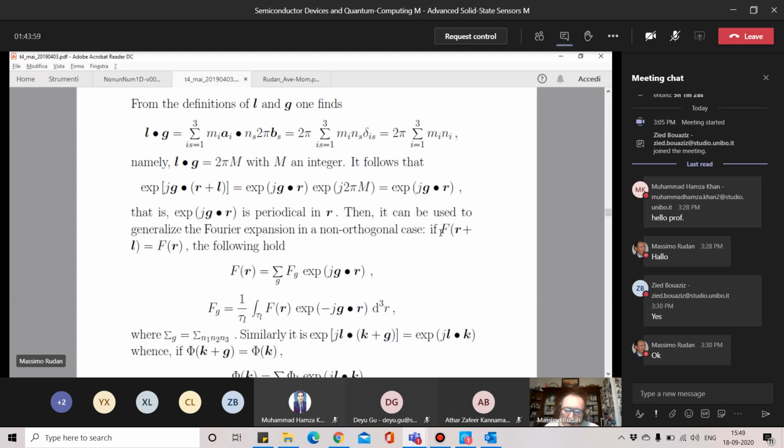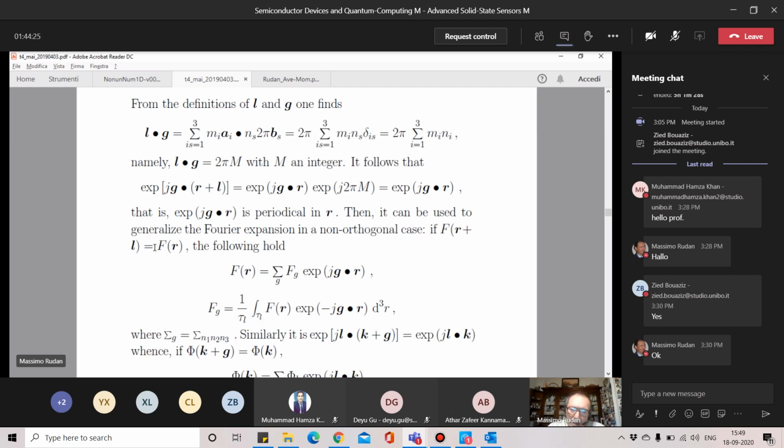That means that F calculated at R plus any translational vector is equal to F calculated at R. So F is a function that is periodic in a non-orthogonal space, because the crystal is a non-orthogonal space, but it is still periodic.